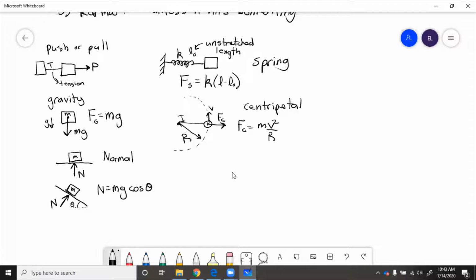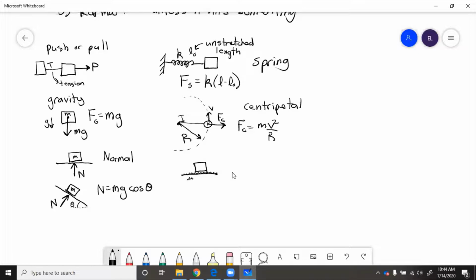And then finally, we have a friction force. If something is on a bumpy surface, it's got a coefficient of friction, mu.